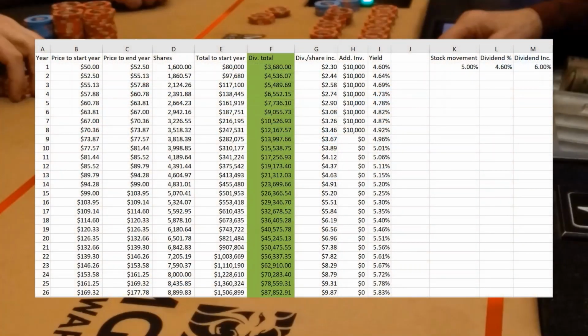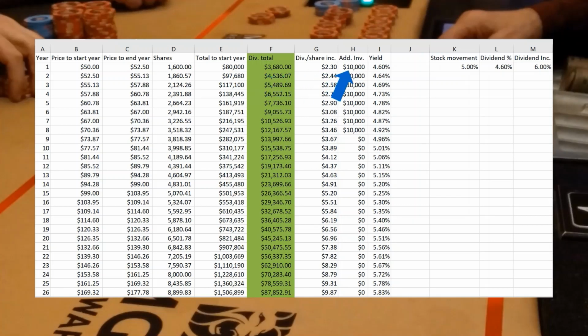So here we are, year one, we put in $80,000, the dividend yield is 4.6%, and on a $50 stock, that's $2.30 per share the company is paying. Our $80,000 got us 1,600 shares. So 1,600 shares multiplied by $2.30, the dividend payments we are getting total $3,680.